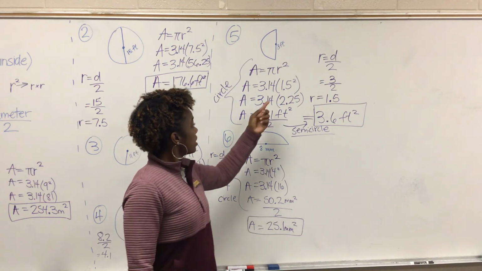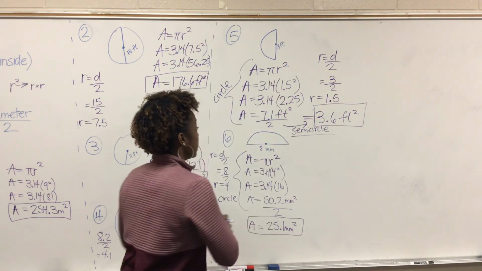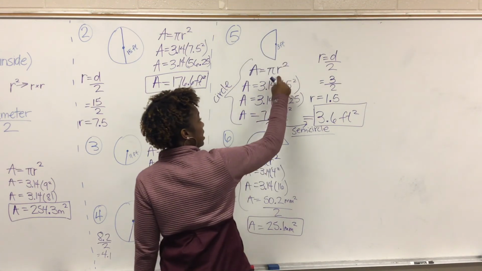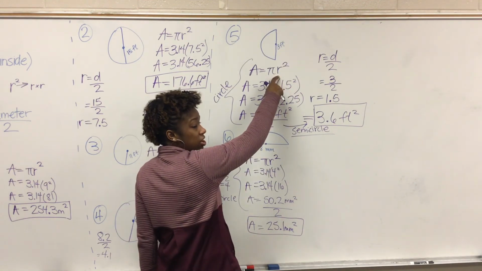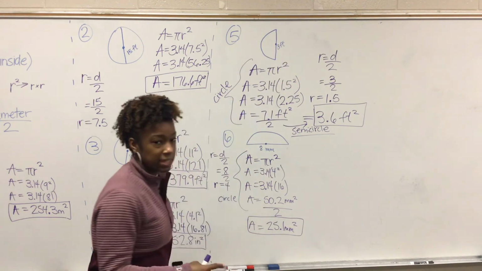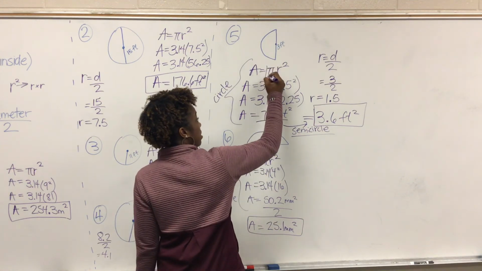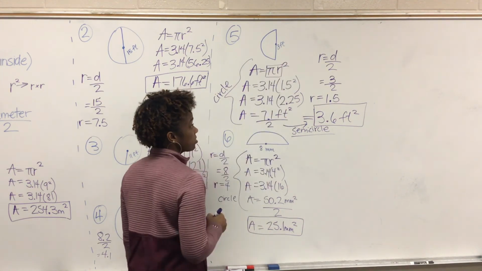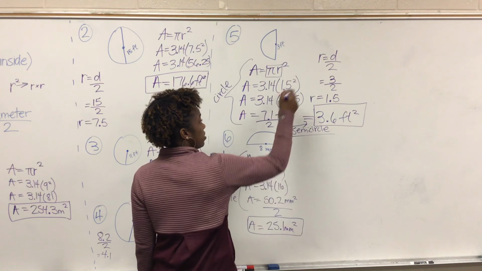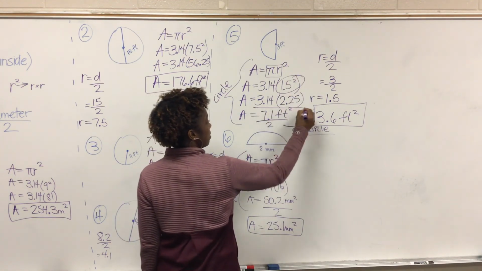Then you want to make sure that you do not put the diameter here. That is r, so you need the radius, which means you divide the diameter by 2 if they give you the diameter. And lastly, do not multiply these two numbers first and then try to square it. You have to square it first, which is what we did here, and then multiply.